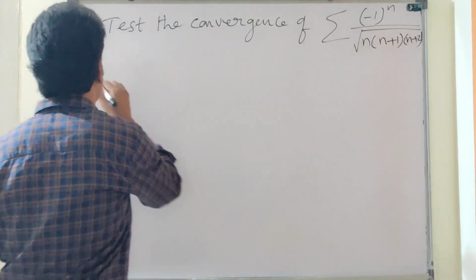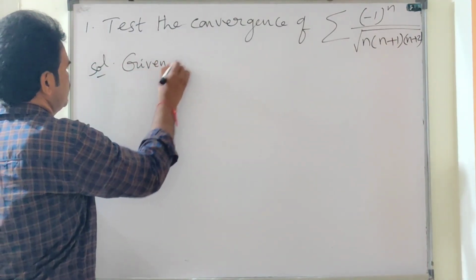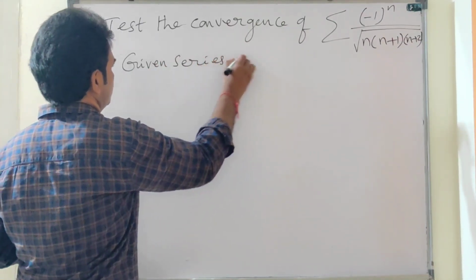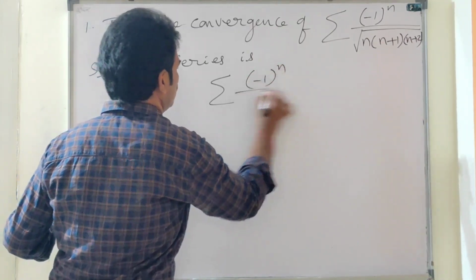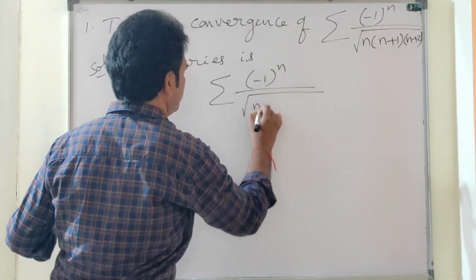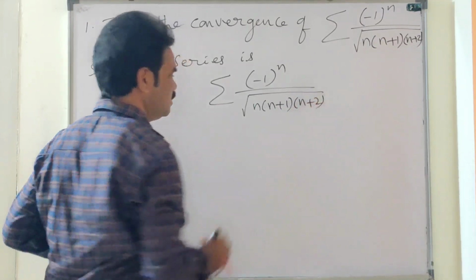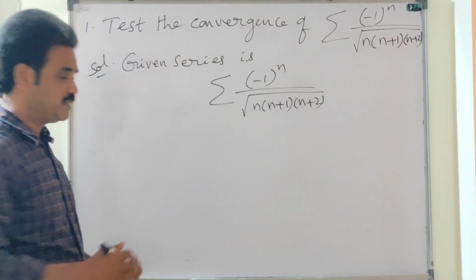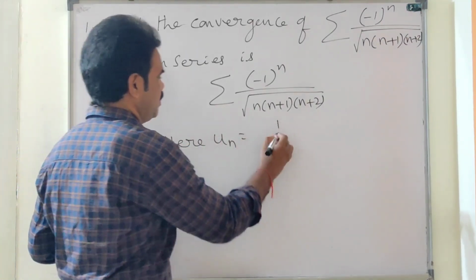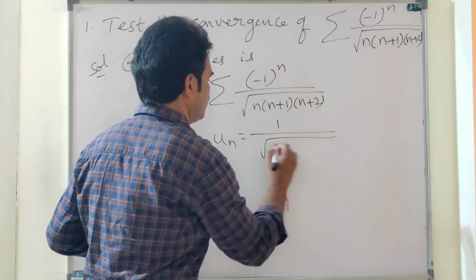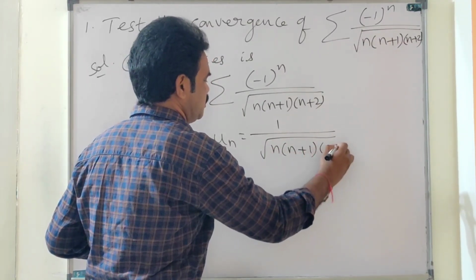Given series is sigma (minus 1) whole power n all by square root of n into n plus 1 into n plus 2. This is an alternating series. Here un is equal to 1 by square root of n into n plus 1 into n plus 2.